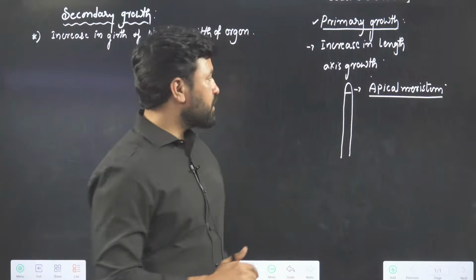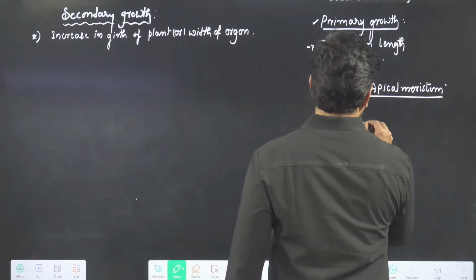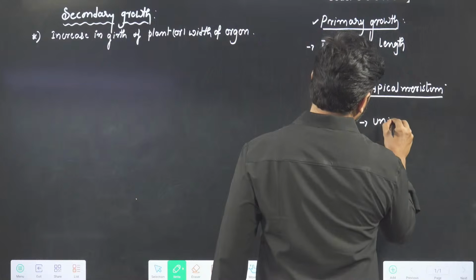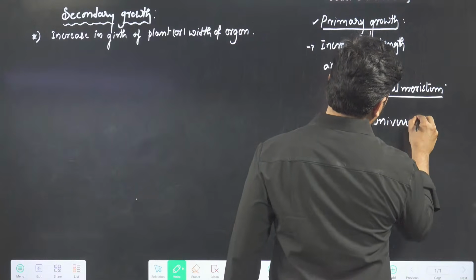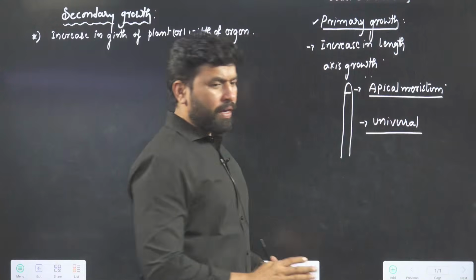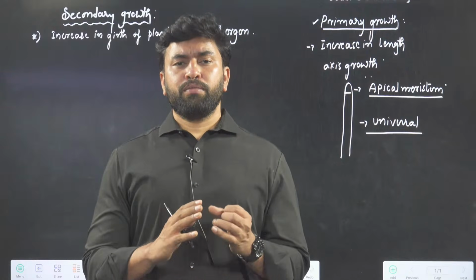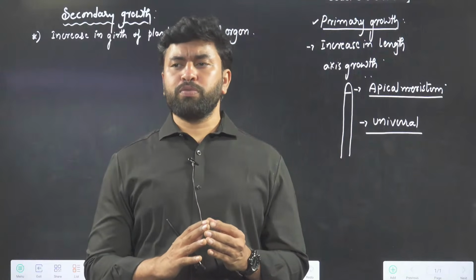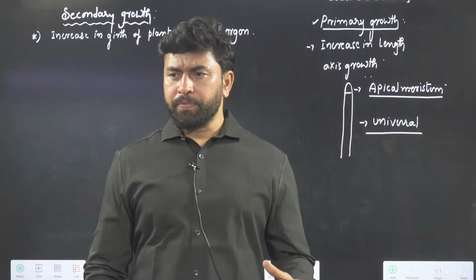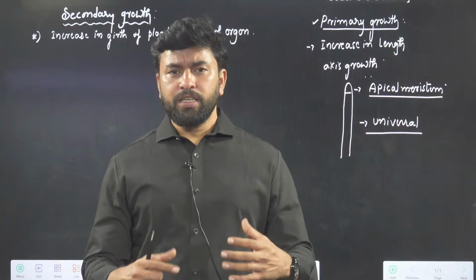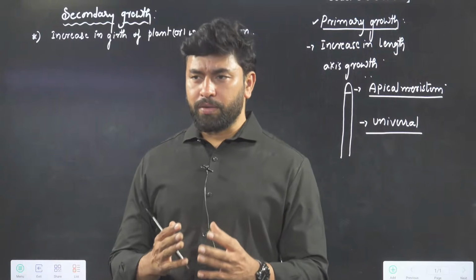That's why this apical meristem growth is universal. Every plant existing on this earth, whether bryophyte, pteridophyte, gymnosperm, angiosperm, whoever it may be, if it is a plant, it must have primary growth.